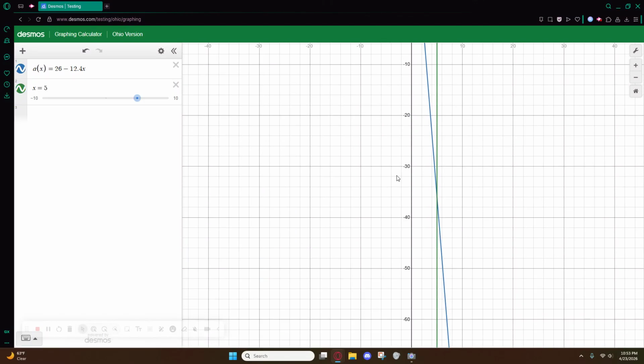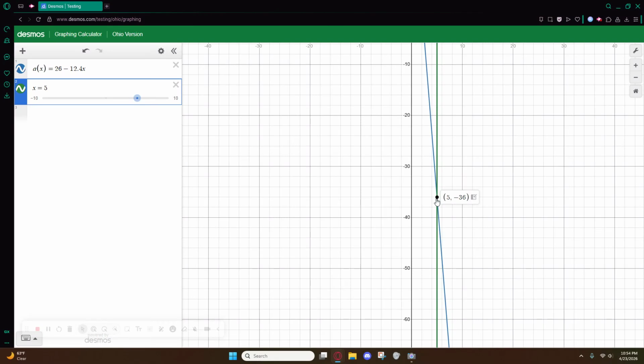So you need to come up with an equation for b of x that somehow will get to the point 5 comma negative 36 so that it can intersect with a of x at exactly this point. And it cannot be a quadratic equation because it needs to intersect only once. So it has to be a linear equation.